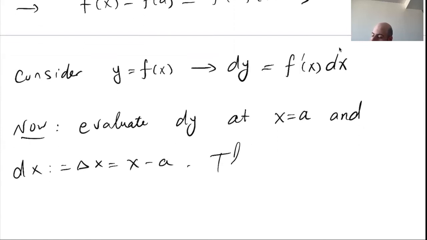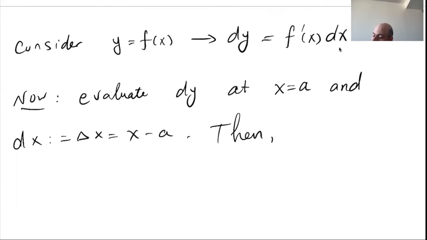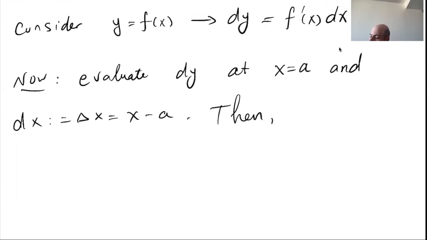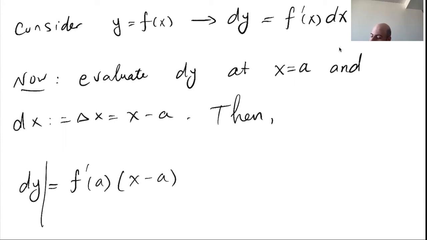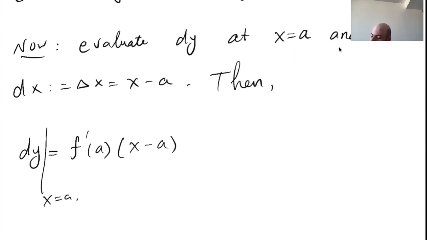Then we can say that dy will be equal to f prime of a times x minus a, at these values, at x equals a and dx equals delta x.